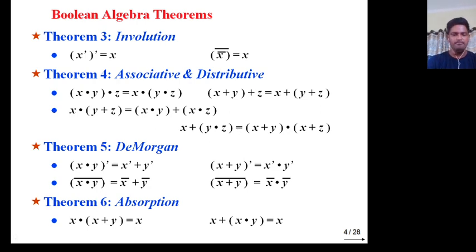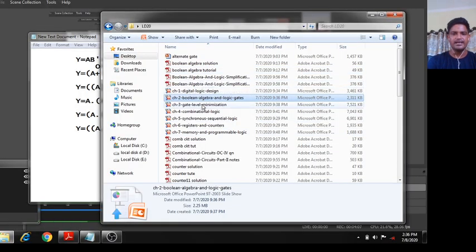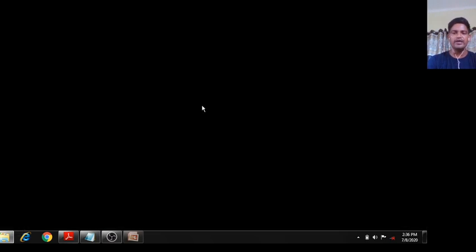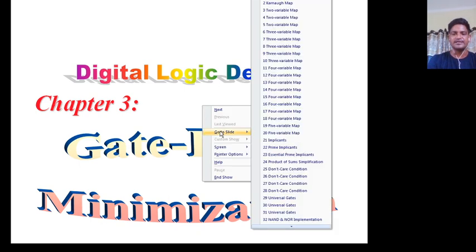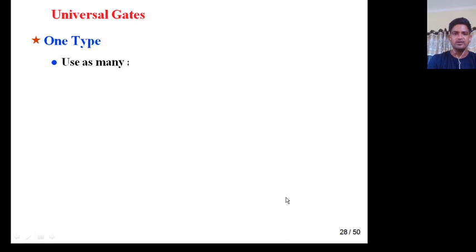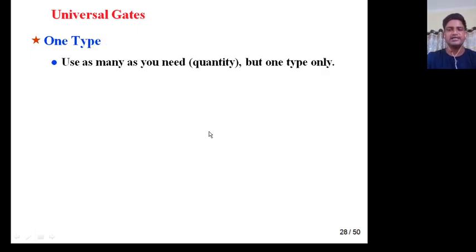Now come back to gate level minimization. Okay, now we will see what a universal gate is and how to implement different logical expressions by using universal gates. You are already aware there are two universal gates, one is NAND and another one is NOR.